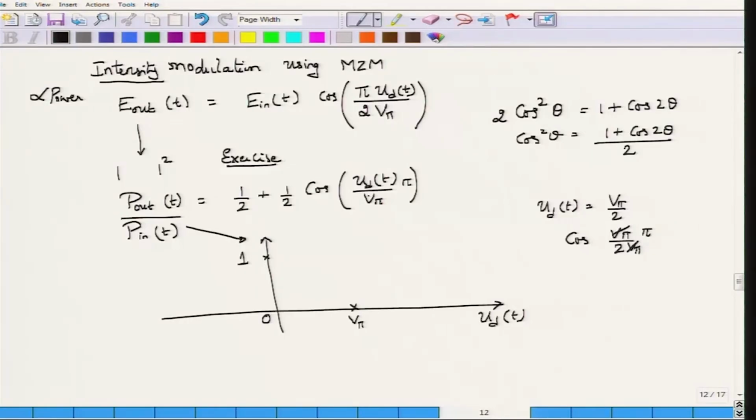When cos of pi by 2 is there, the ratio that we are plotting will be equal to half. So, at v pi by 2, this ratio would have dropped to 0.5, and here you actually have a cosine square relationship, which would go in this particular manner. It would be a periodic function with a fundamental period of minus v pi to plus v pi.